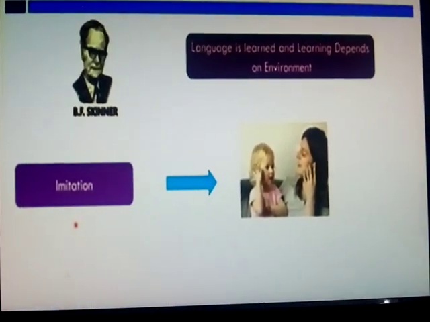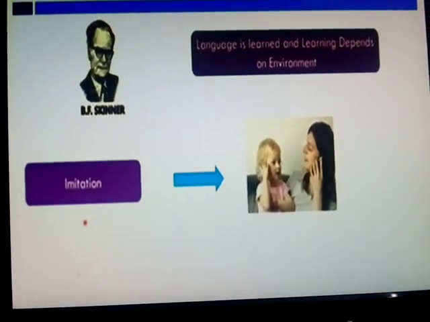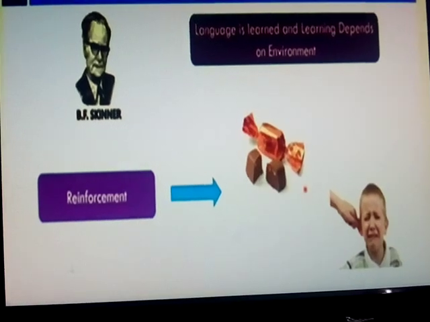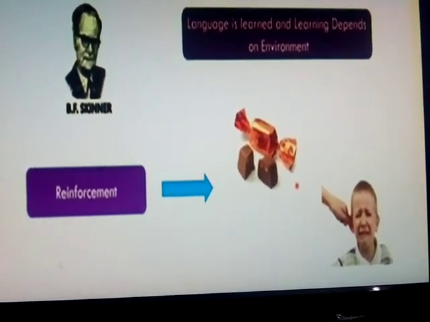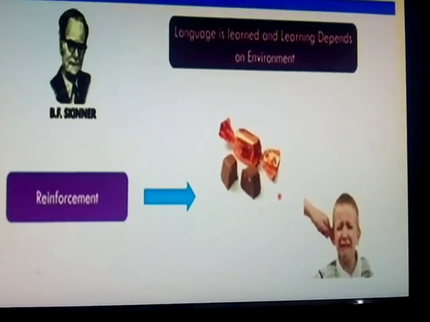Next, imitation: the mother's words are imitated by the children. Next, reinforcement: if the child does something not good, the mother says no, and he stops crying.